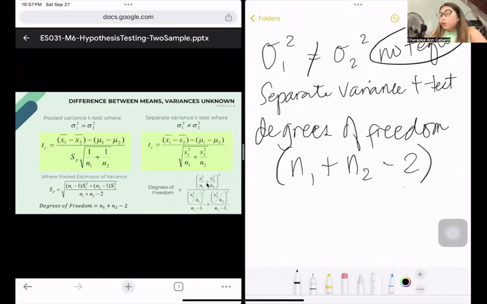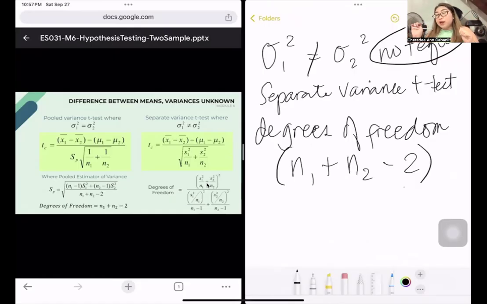Okay? While the separate variance t-test is if the variances are not equal. So if the variances are not equal, we will compute for the degrees of freedom separately.